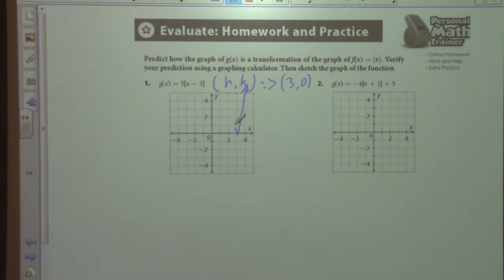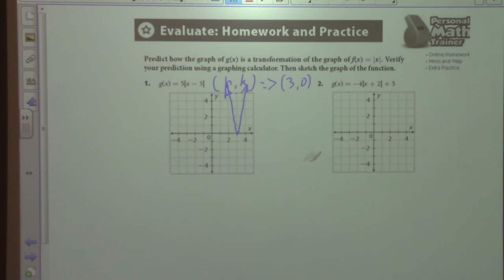Then it says verify using a graphing calculator. And you did that, right? Yes. So for these exercises, you're basically just going to draw in the sketch of the graph. And I guess you have enough resolution on the paper to do that, right?